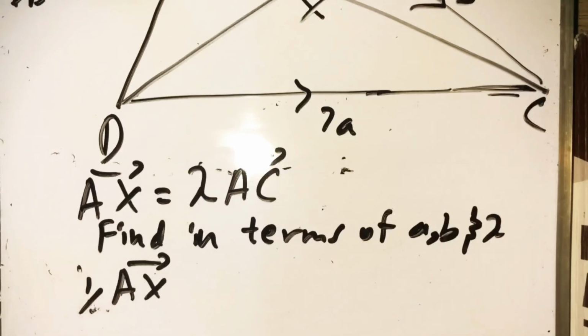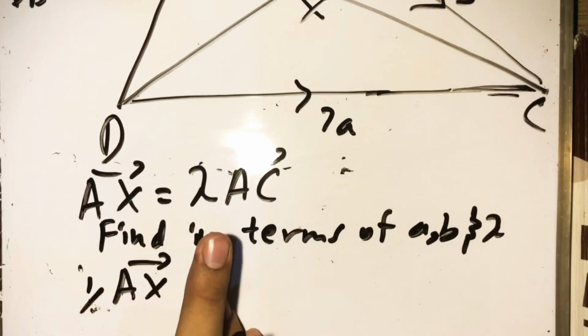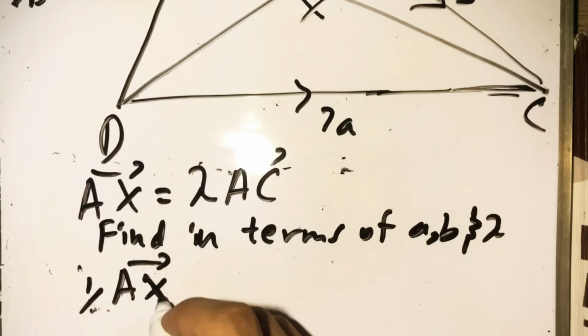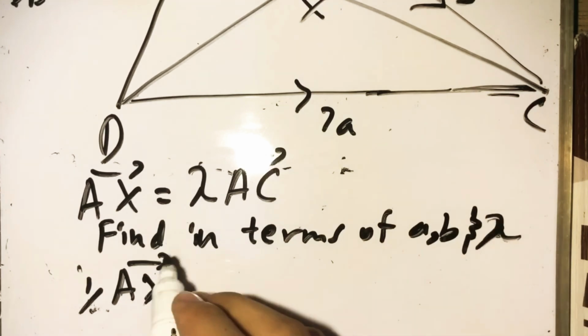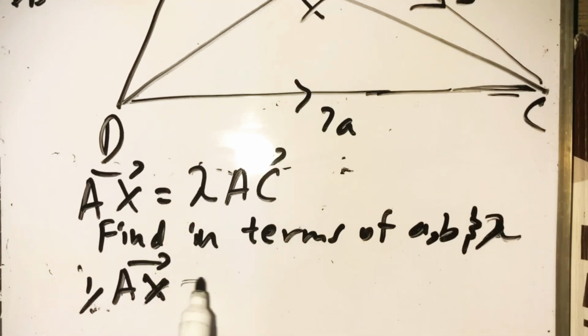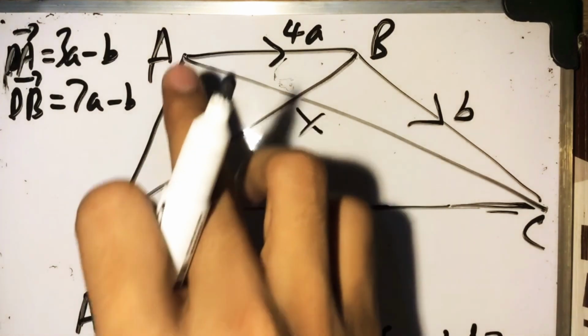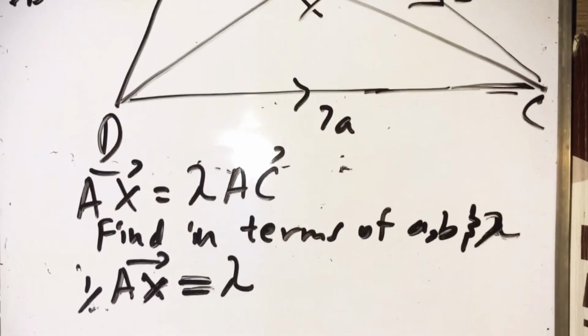In the next part, we are given that AX equals lambda times AC. We have to find AX in terms of a, b and lambda. This sign is lambda. Now AX equals lambda times AC. AC will be equal to AD plus DC.